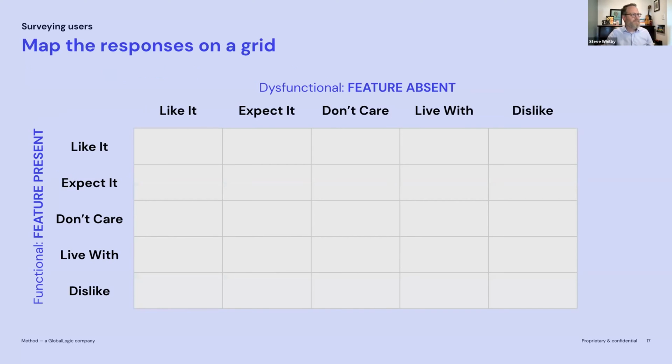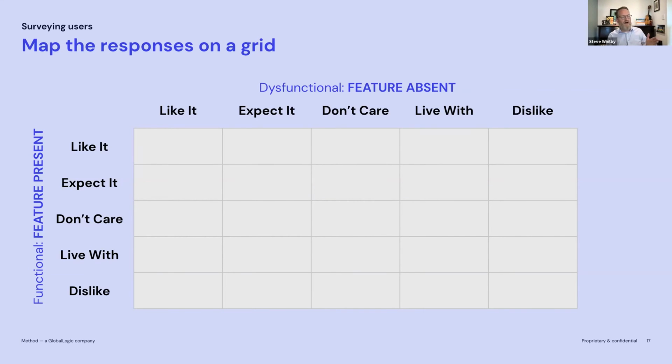Let me show you what I mean. If we were to chart the responses with, on the left, the bottom to top being, we're going to chart where a customer says what they believe or what they feel if a feature is there. Do they dislike it on the bottom, all the way up to they like it on the top if it is there.